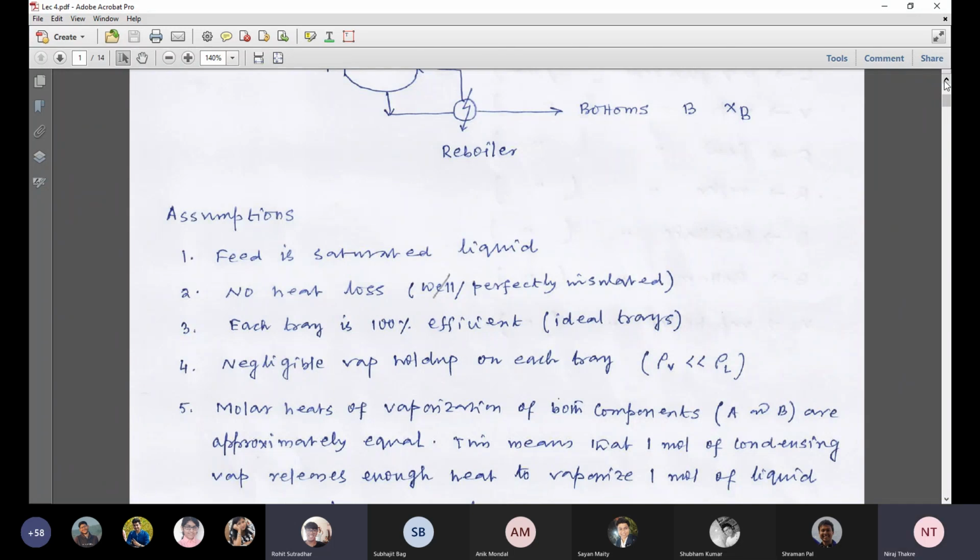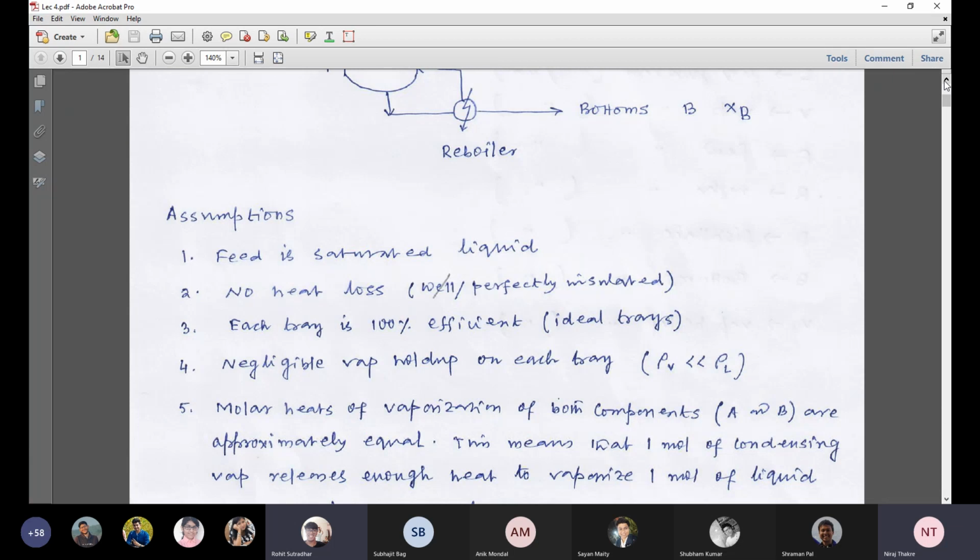Okay. So can I tell it this way? If 1 mole of a component condenses from vapor to liquid, exactly the same mole of component transfers from liquid to vapor. Can I say it like this?